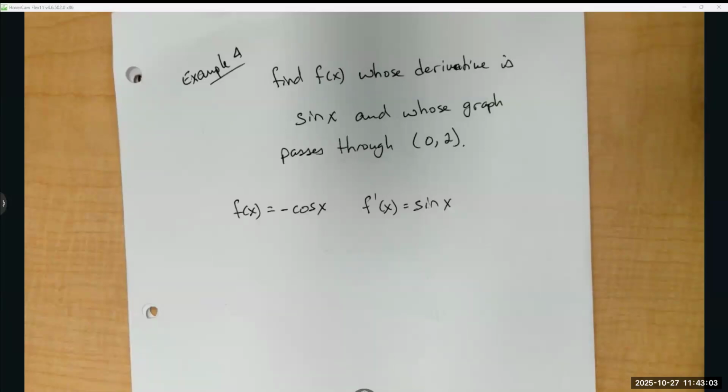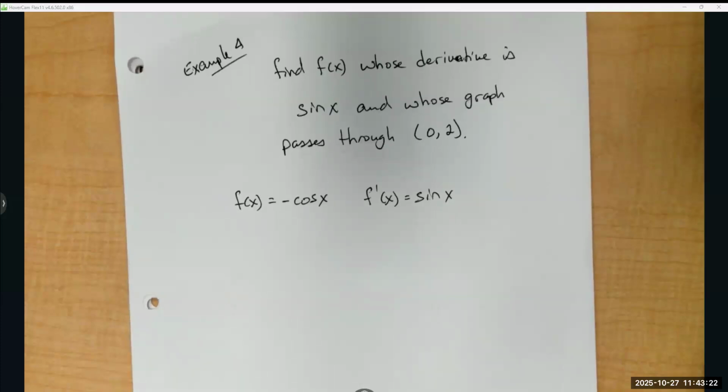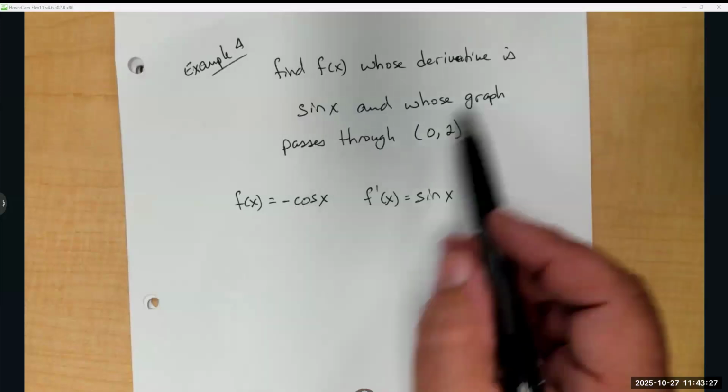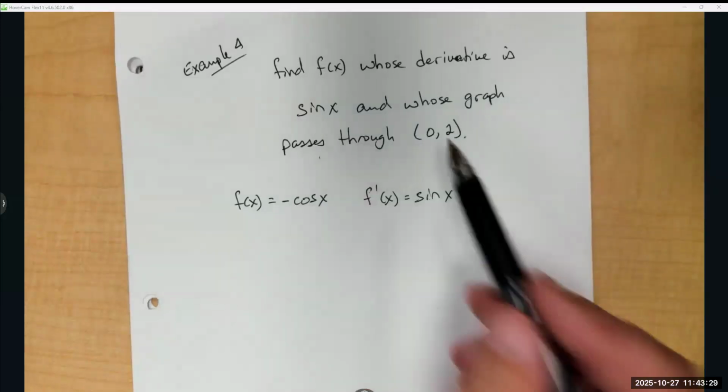What's interesting is what you have just done without realizing it is you've just done the integral of this function. You're going backwards, right? But we'll cover more of that in chapter 5. But now we have this, but the graph has to go through (0, 2).